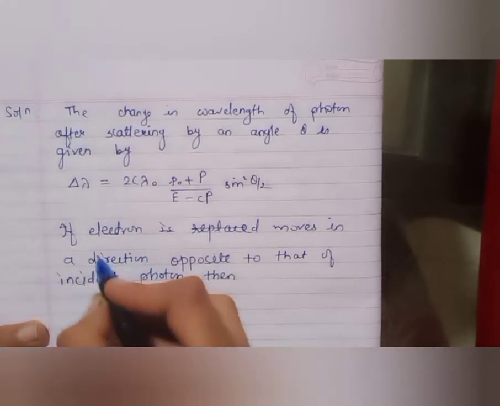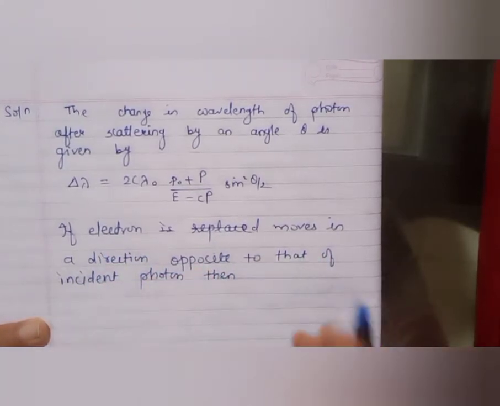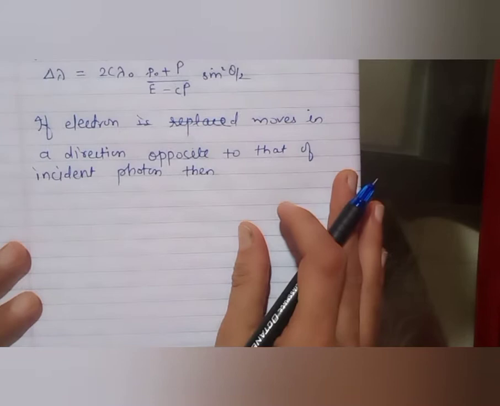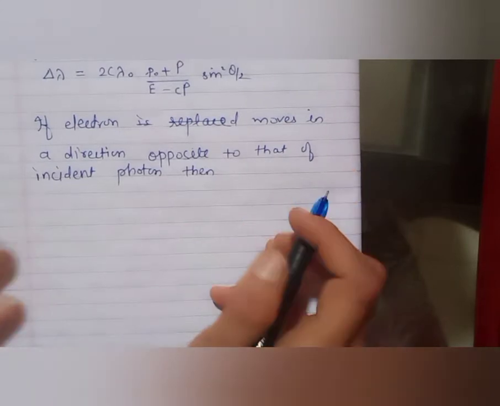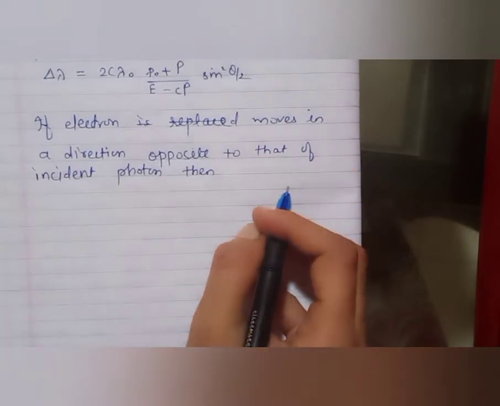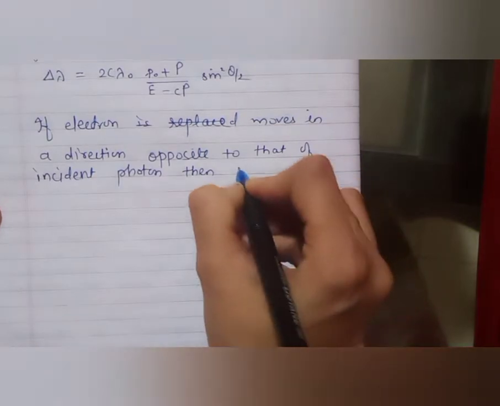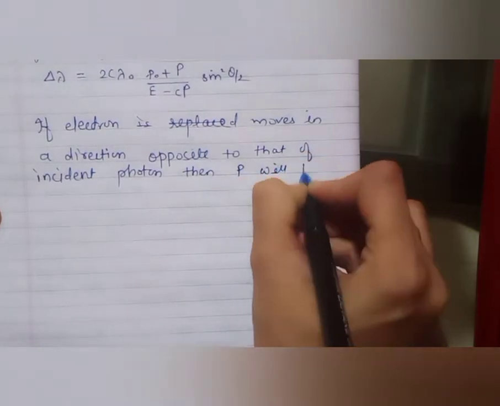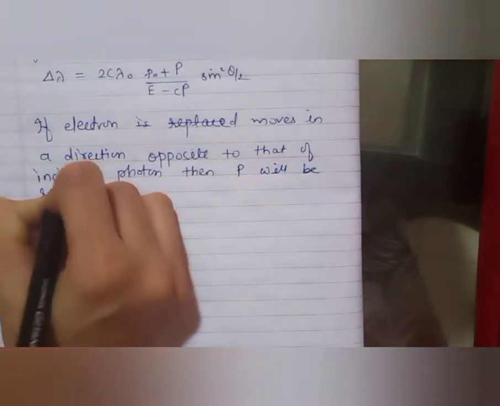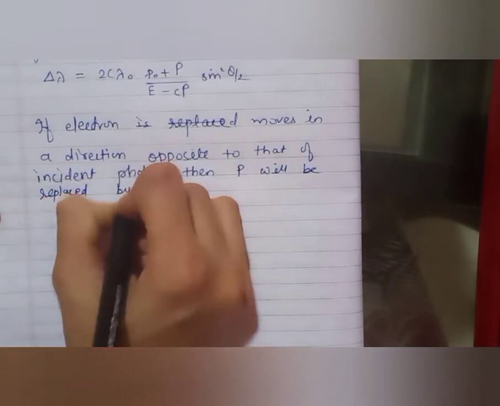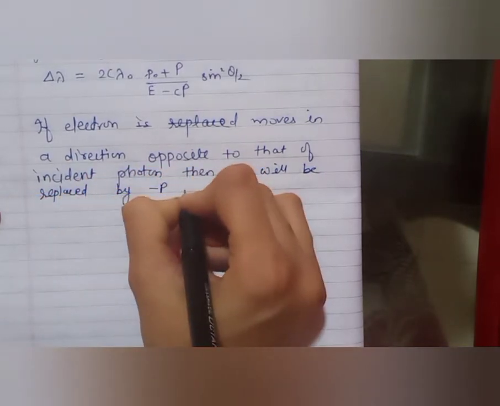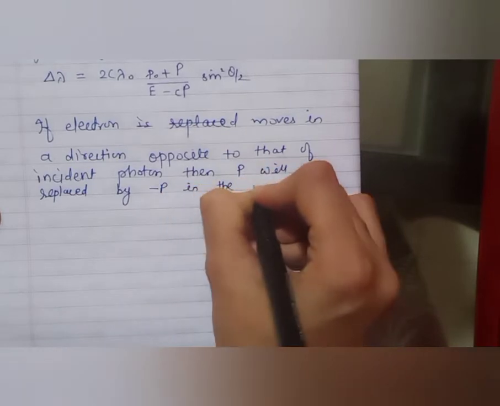So in the above formula, P will be replaced by minus P in the expression of delta lambda.